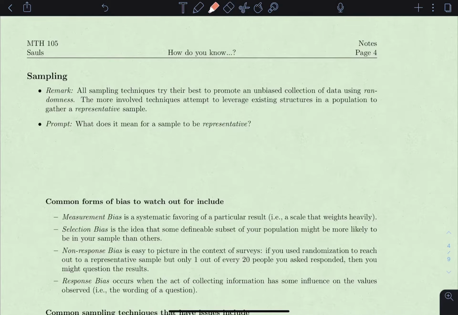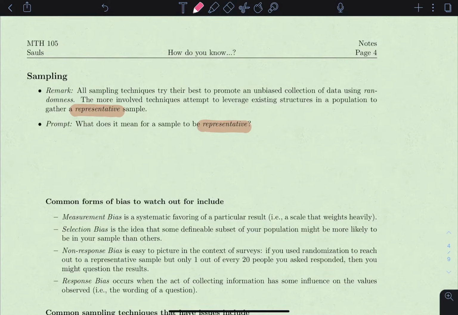So it might make sense to define what we mean by representative. Ask yourself this question before you let the video go on. It's a hard word to define without using the word representative.